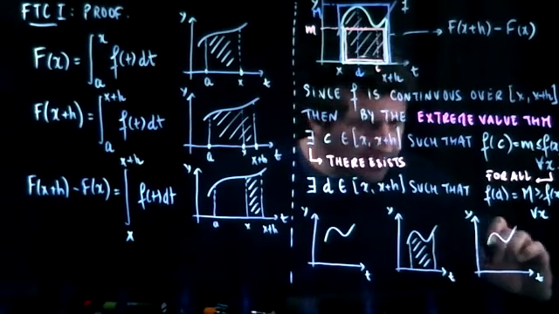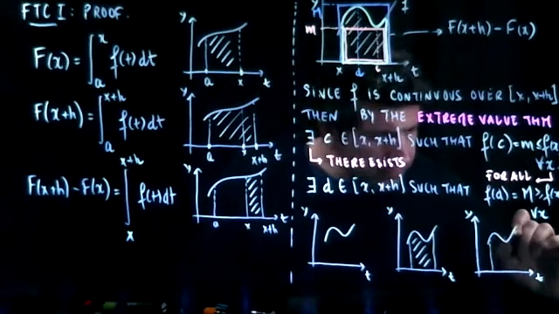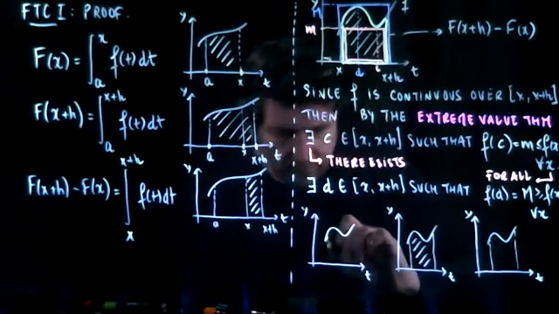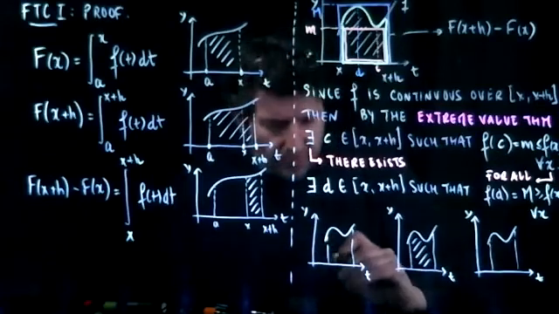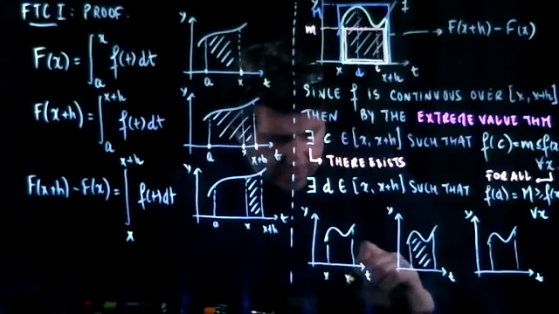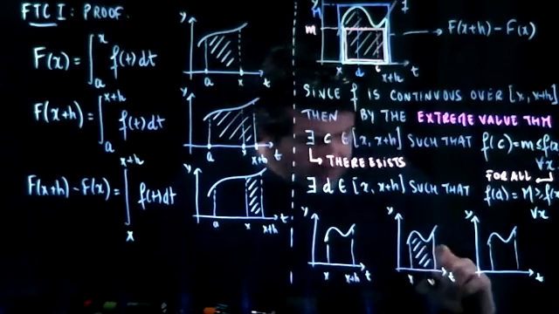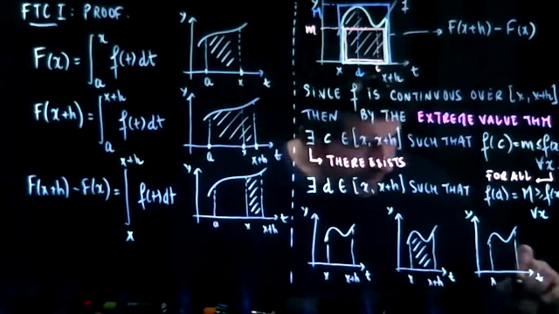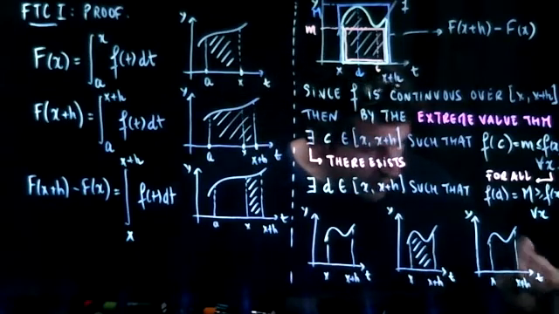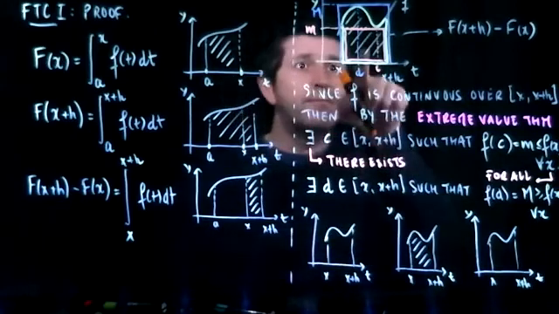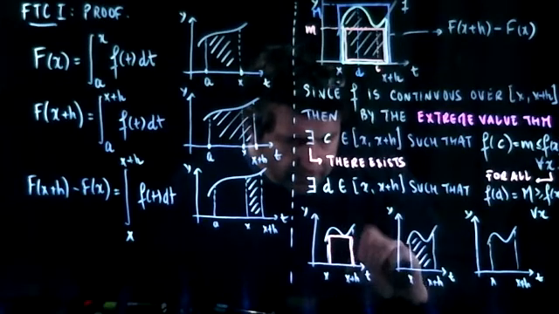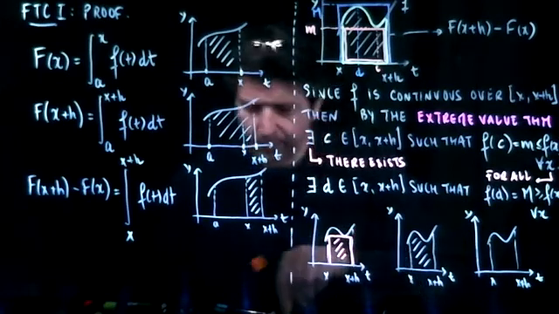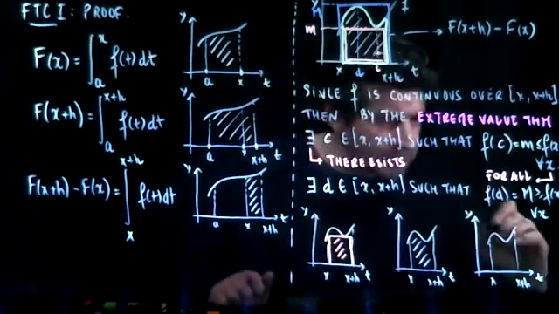Okay, and then I'm just going to go like this. I hope it's clear. So again, this is between x and x plus h, x and x plus h. So the small area is this one. The big area is this one.